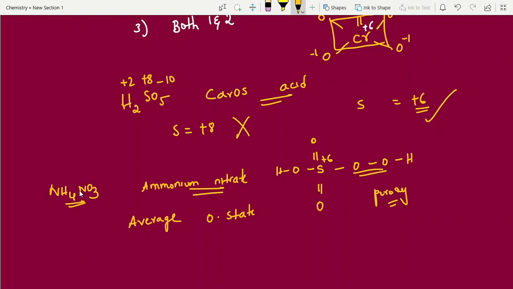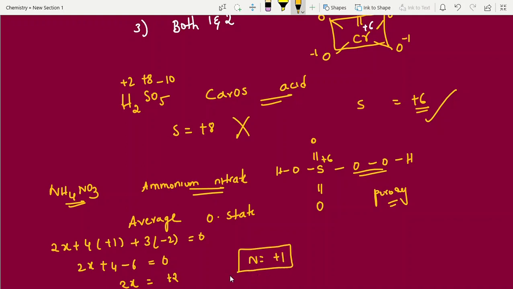Two nitrogens, take it as 2x, plus 4 hydrogens, 4 into plus 1, equal to 0. 2x plus 4 equal to 0. 2x equal to how much, students? Yes, 2x equal to minus 4. Each nitrogen is minus 2. Clear. That's it.